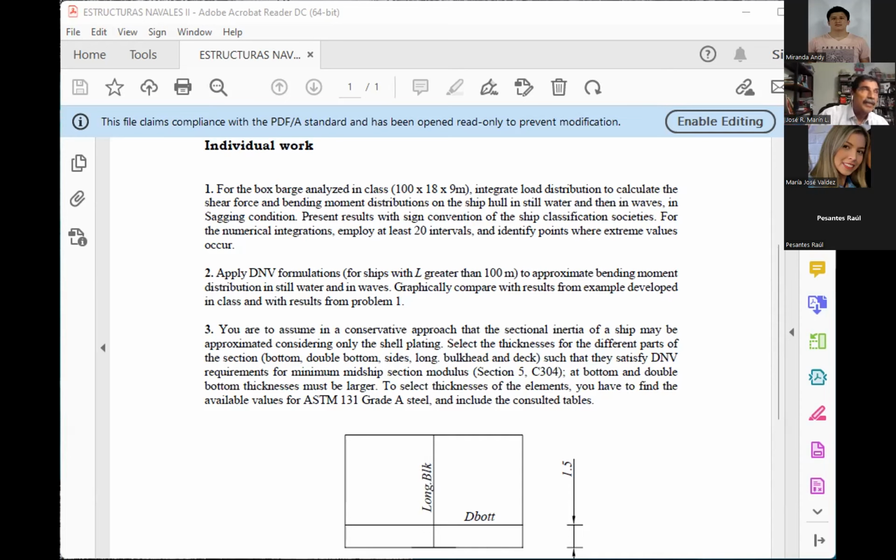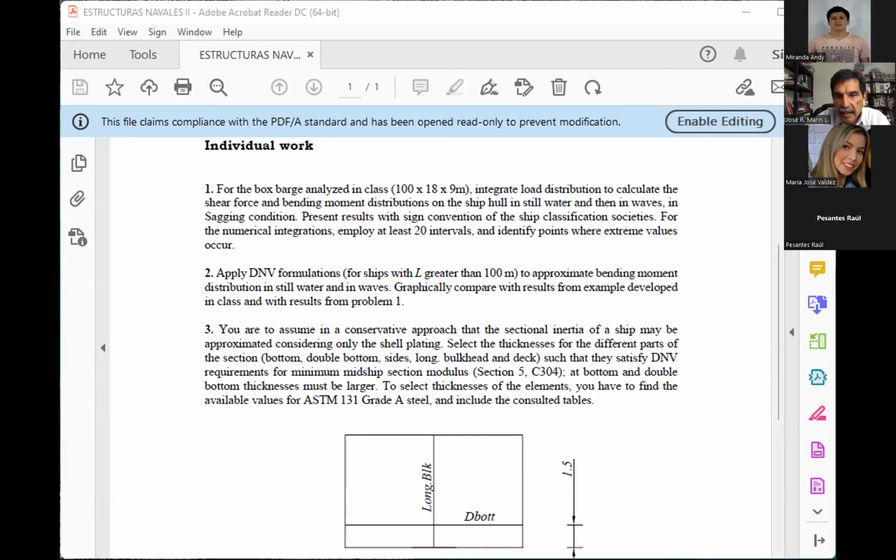If somebody asks you to do what we call the loading manual for a tanker, you have to present distribution of shear forces, bending moments, and different loading conditions. For all of that, you have to use the sign convention. So from now, you have to start preparing yourself for that. At least 20 intervals. If you use less than that, probably the curves are not going to close. If you want to use more than that, that's fine. But at least 20.